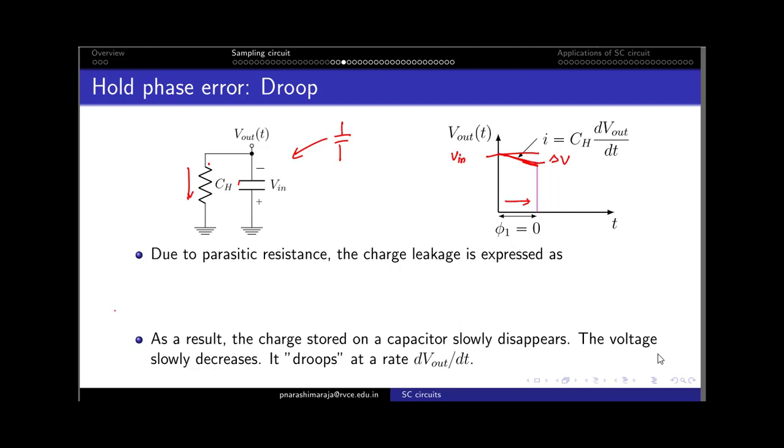So if the design specification demands that delta V not change more than 1% of the initial value, which in general would be Vin, then it constrains the maximum time that the hold phase can be on, and in turn it also defines the minimum frequency of the switched capacitor circuit.